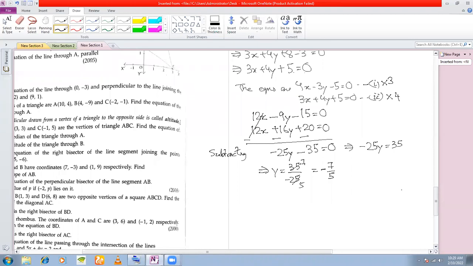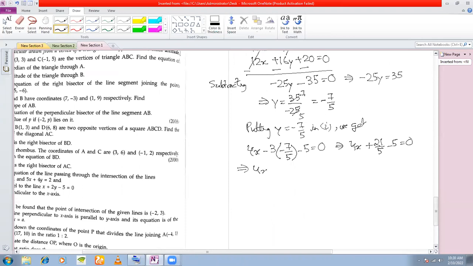Let us put it in equation 1. Putting y is equal to minus 7 by 5 in 1, we get 4x minus 3 into minus 7 by 5 minus 5 is equal to 0. You get 4x plus 21 by 5 minus 5 is equal to 0.